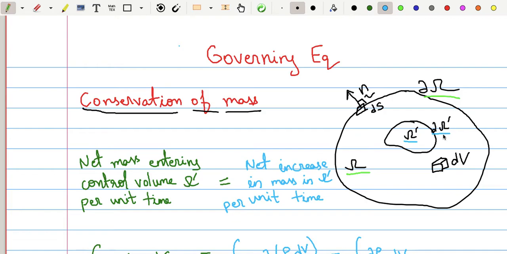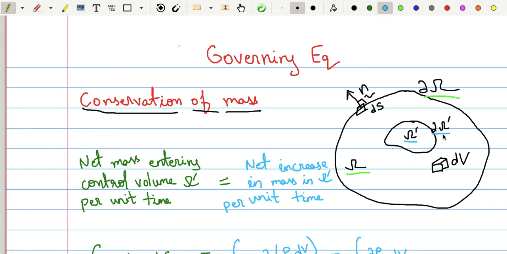Governing equations and material laws, boundary conditions. Very good. So the solution has to satisfy the conservation laws, the material laws, and boundary and initial conditions. These are the things which the solution has to satisfy.